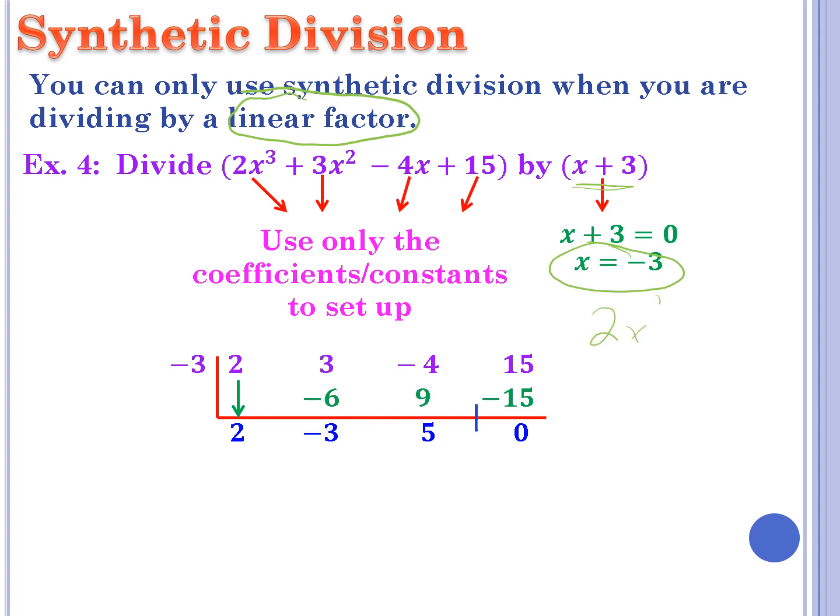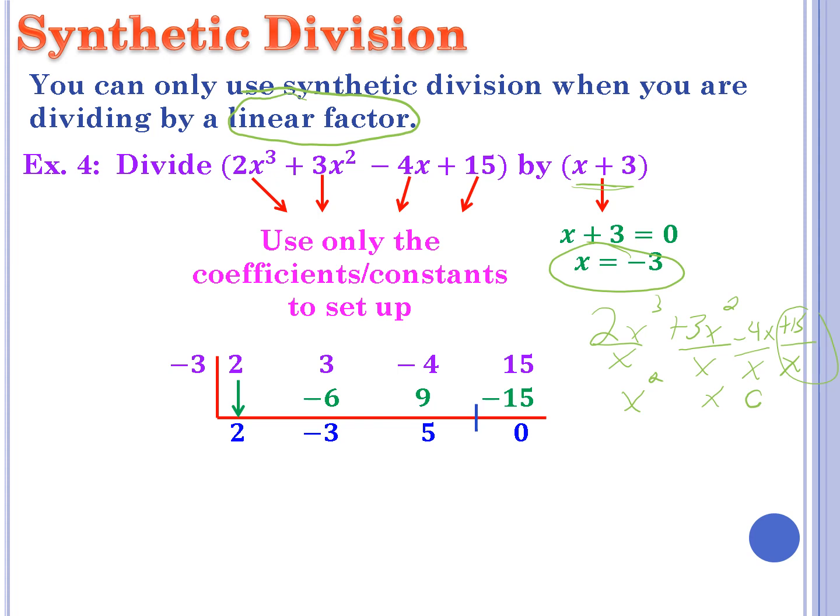So 2x cubed plus 3x squared minus 4x plus 15: if we divide each of those terms by x, that's going to become an x squared, that's going to become an x, that's going to become a constant, and then this will be some sort of fraction if it's not 0.